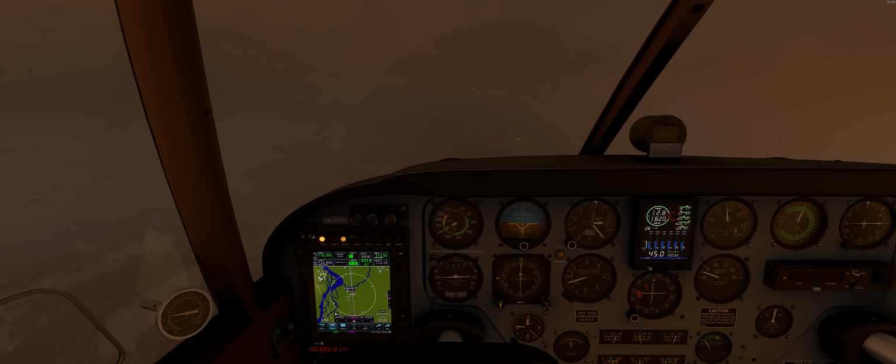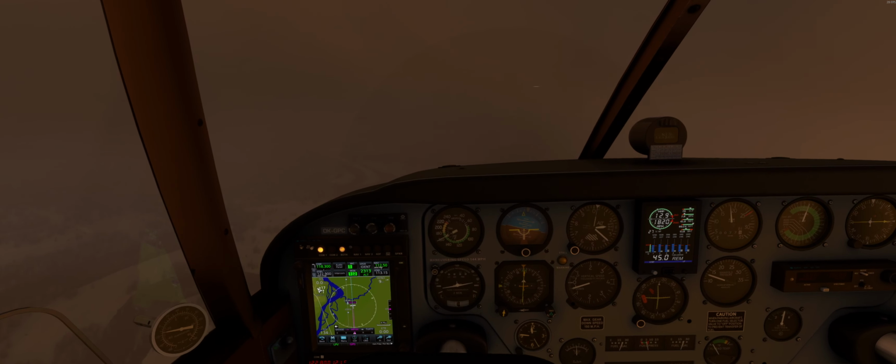Fairbanks traffic, American 623 is clear the pattern departing area out to the southwest. Got traffic on the fish finder, no factor.